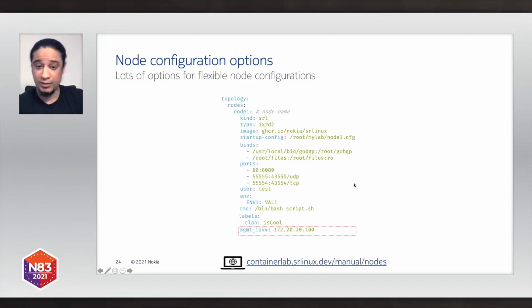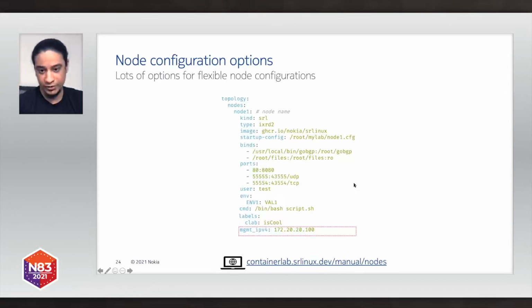There's also a management IPv4 field that allows you to set a static IP as a management IP for your nodes, and a similar field exists for IPv6, management IPv6. The full list of configuration options is available in the link you can see at the bottom of the slide.